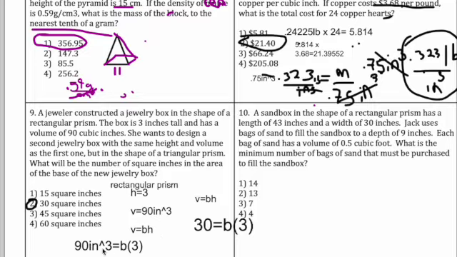So, no, 30, sorry. I saw 30 there, and there's a mistake here. This should be 90, because it has to have the same volume. So the area of the base is 30, and the volume is 90 inches cubed.